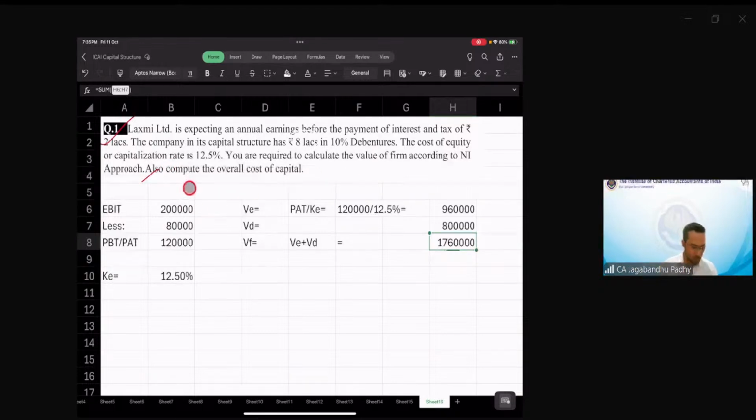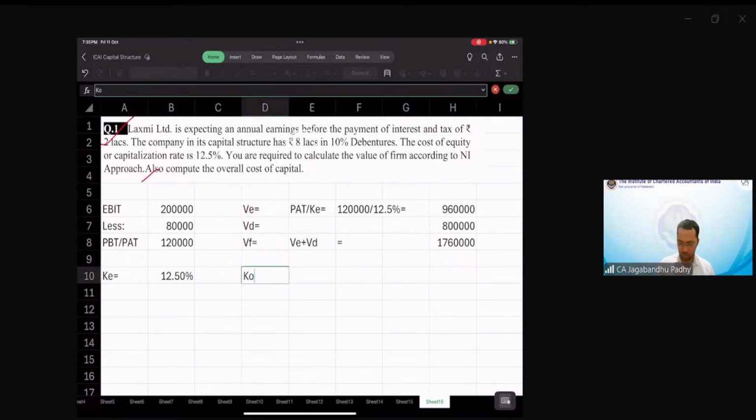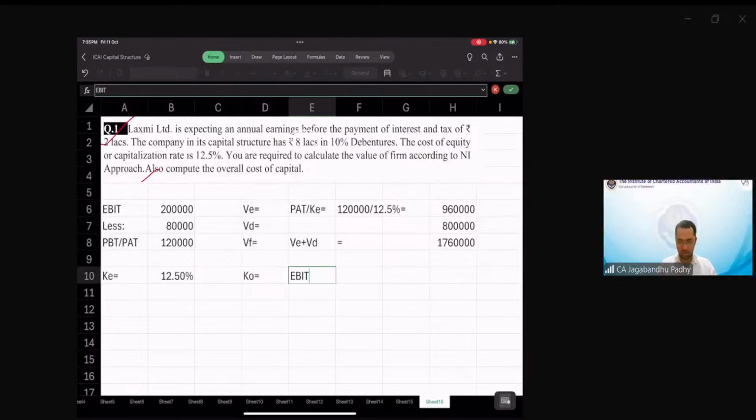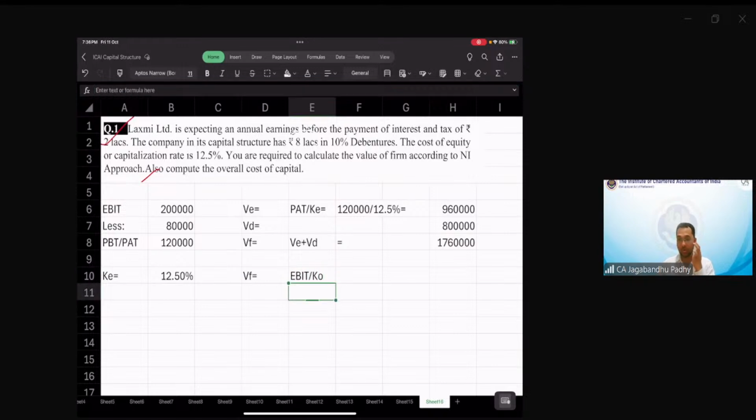Also compute the overall cost of capital. How do you compute the overall cost of capital? KO. So KO will be equal to, can I say, we already know this formula, that value of firm is EBIT upon KO. So I can rearrange this, right?